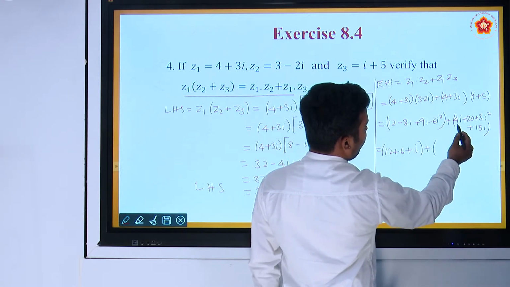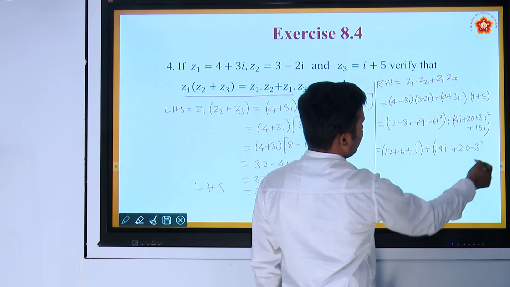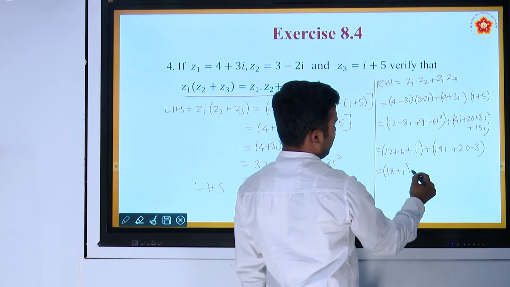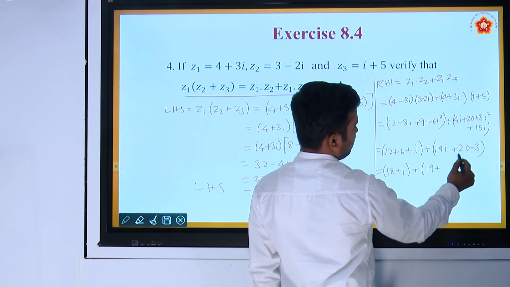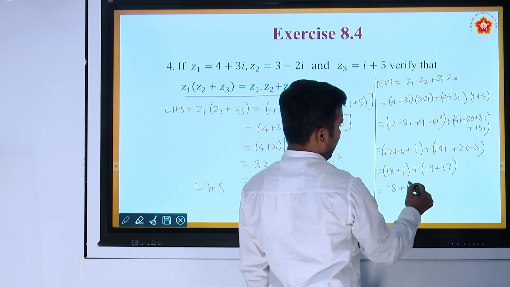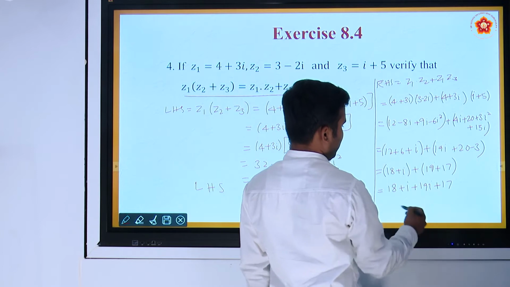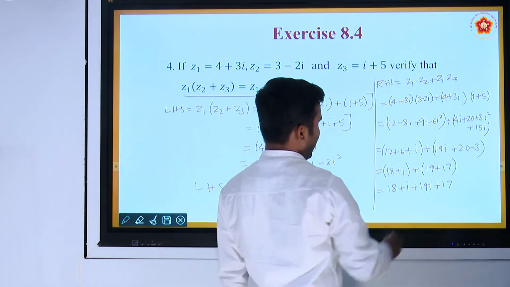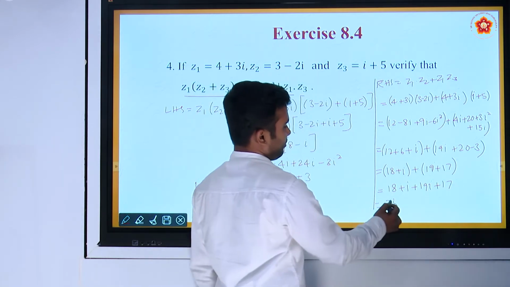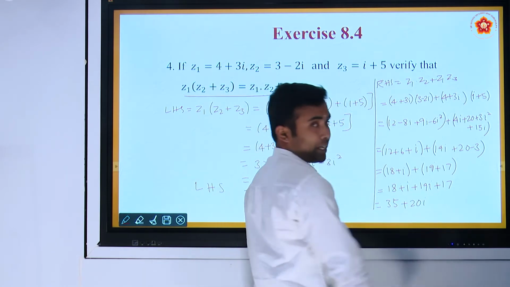Plus 4i, plus 15i will be 19i, plus 20 minus 3, which is equal to 12 plus 6 will be 18, plus i plus 19i, plus this is 17. So which is equal to 18 plus 19i plus 17. You just add it: 18 plus 17 is 35, plus i plus 19i is 20i.